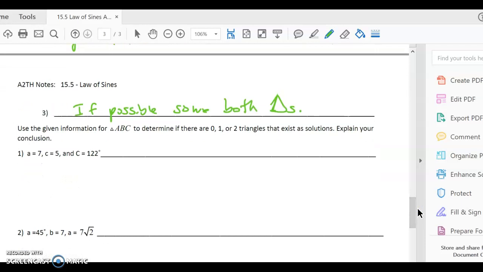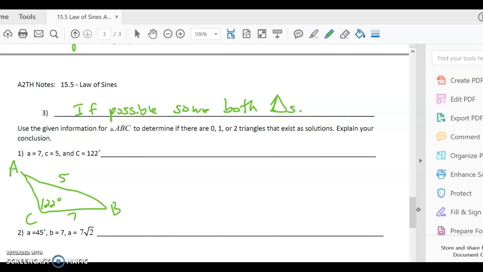All of these examples are going to start off side-side-angle. So in number 1, to give you a picture, little a is 7, C is 122, and opposite C, little c is 5.